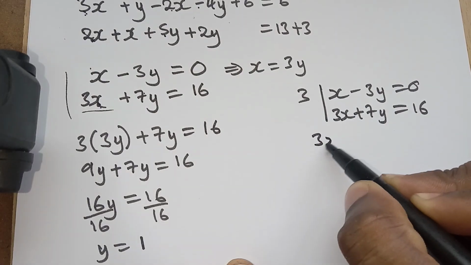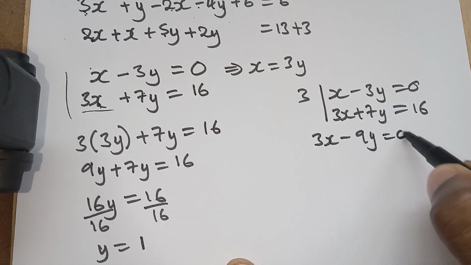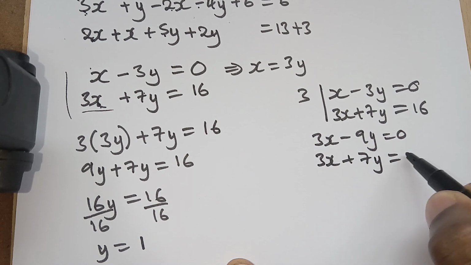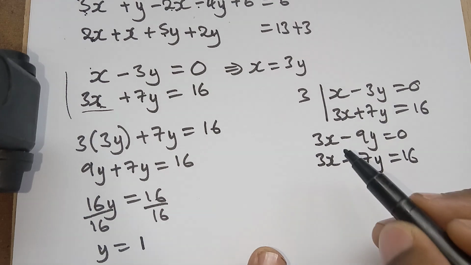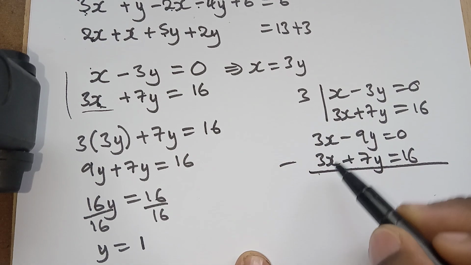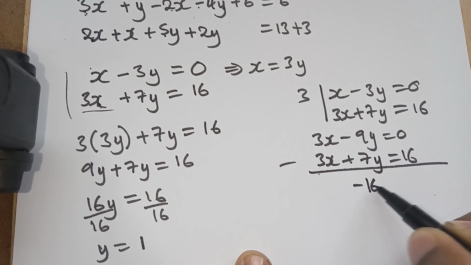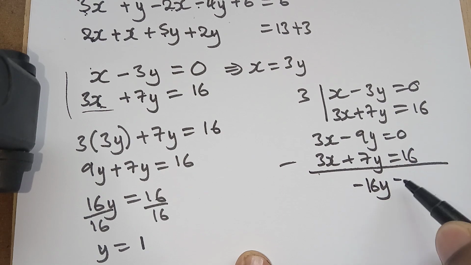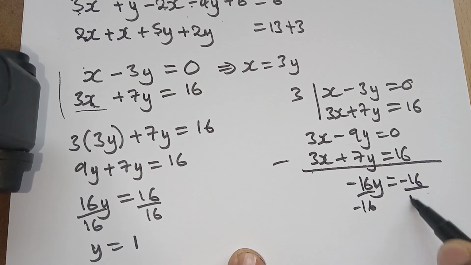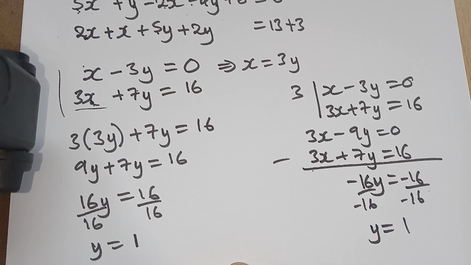This times this will be 3x, this times this will be negative 9y, and then 0, and then 3x plus 7y is equal to 16. So now when you subtract, since we have the same coefficients and signs, you have a 0 there. You subtract, you have negative 16y there. You subtract, you have negative 16. Then when you divide both sides by negative 16, you have y is equal to 1.